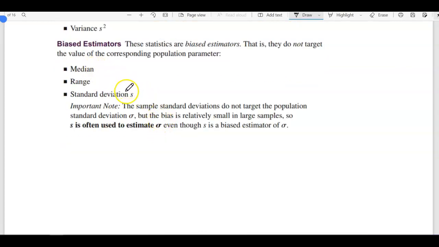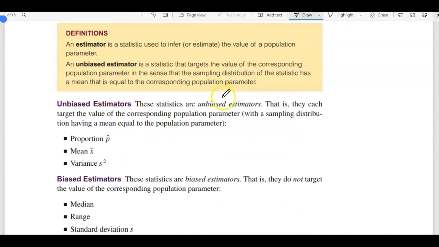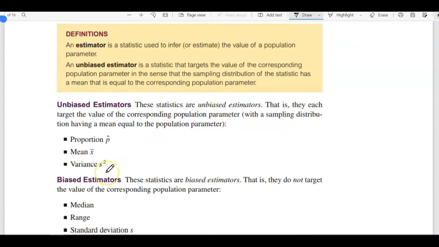The median and the standard deviation are not good estimators. The range would not be a good one as well. You can work through that one to see that. So in the next few sections, we're going to use this information about unbiased estimators, and we are going to do things like confidence intervals and hypothesis testing with them.